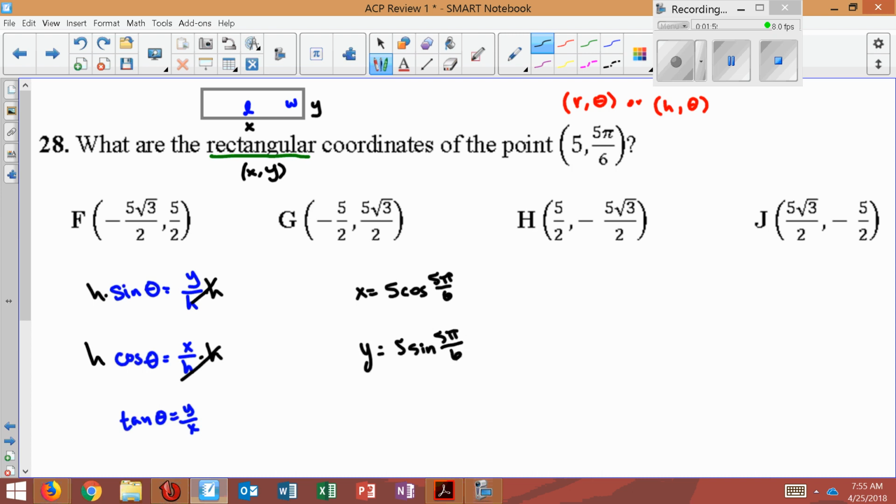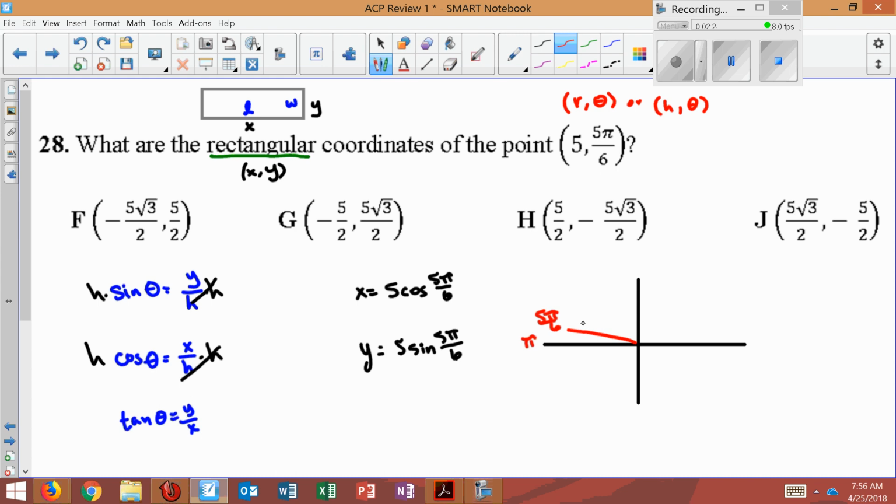To use the hand trick, we use our π/6 finger, because that is the reference angle here. But 5π/6, since it's almost one whole π, is located in the second quadrant. It's just short of being one whole π. 6π/6 would be this spot.